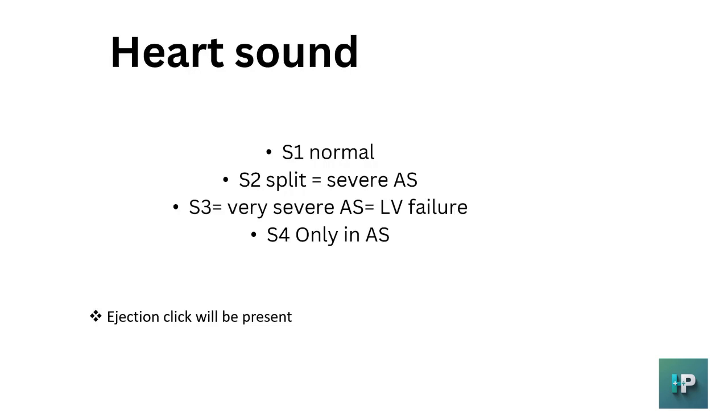So there will be a split in the second heart sound. And S3. S3 is heard in aortic stenosis only in case of left ventricular failure. And S4 is a heart sound which is heard in case of aortic stenosis.